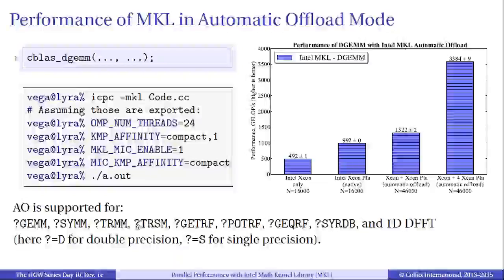I don't remember what this function is, but this is also a linear algebra method. LU decomposition will be offloaded. I think this is the solution of systems of linear algebraic equations. This is Cholesky decomposition. This is QR decomposition. And this is the solution of systems of linear algebraic equations.